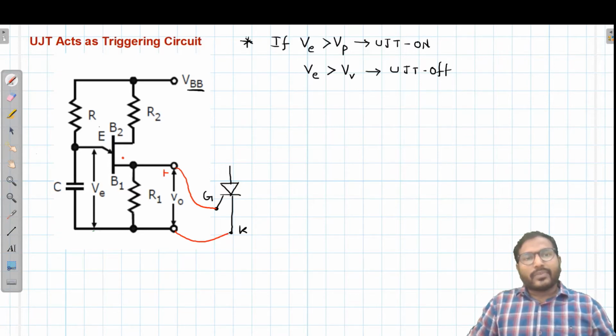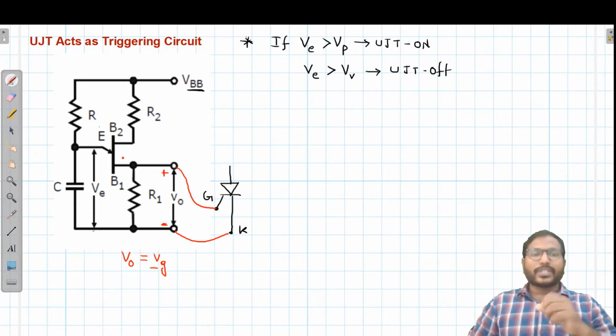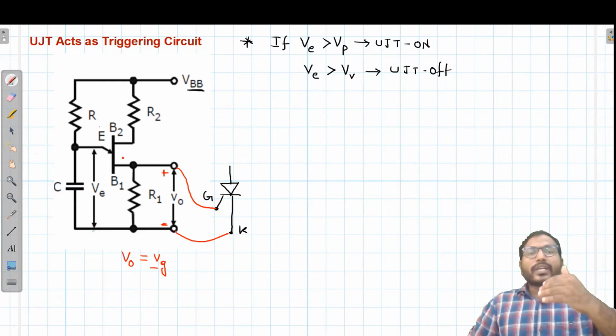When V0 is available, we can connect it to the gate and cathode. Now V0 acts as a gate voltage to trigger the SCR. This is our objective. Once we create V0, our job will be completed. So that is our concept.